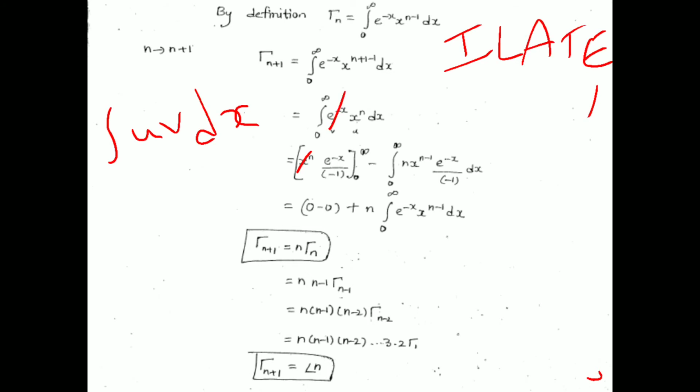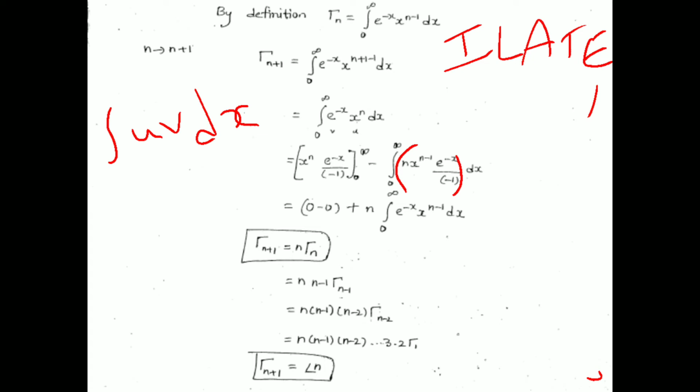If we integrate e power minus x, we get e power minus x by minus 1, as written here. Next we apply limits from 0 to infinity, minus the integration of d by dx of u, that is d by dx of x power n, which is n into x power n minus 1, into the integration of v dx, that is e power minus x by minus 1, and this entire thing has to be integrated once again based on the formula.